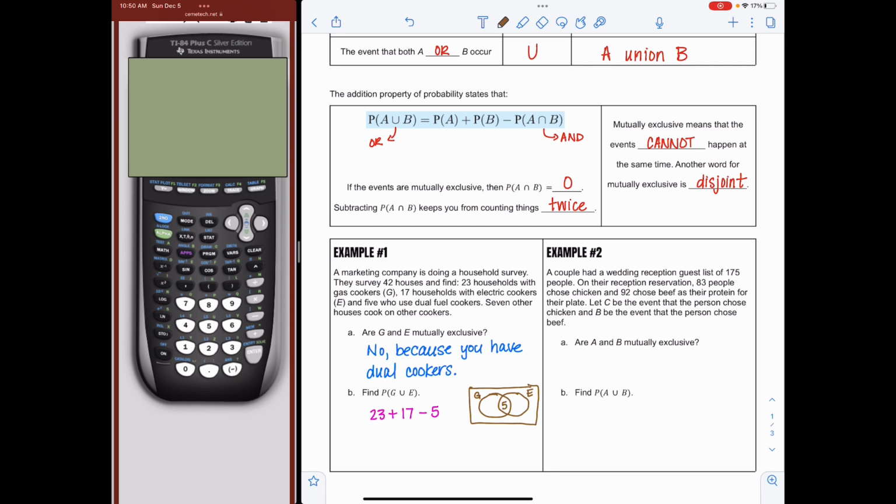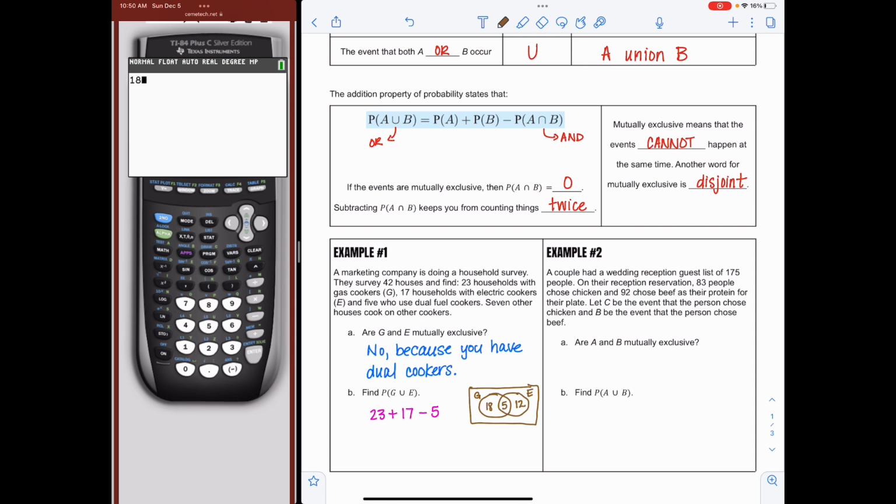Well, 5 of them are dual, but they also are electric. So that means we have 12 electric only. And then if we have 5 dual cookers and 23 households with gas cookers, we would have to do 23 minus 5, and 23 minus 5 is going to give you 18.